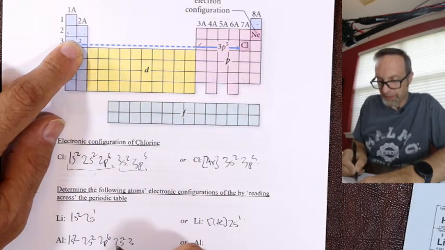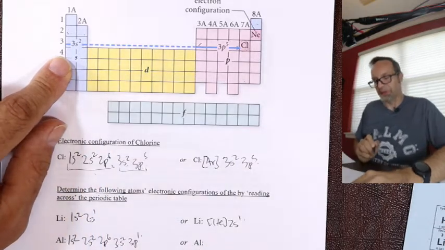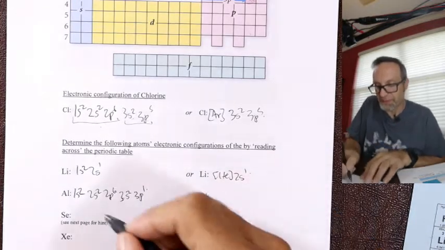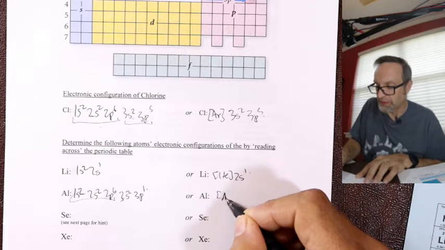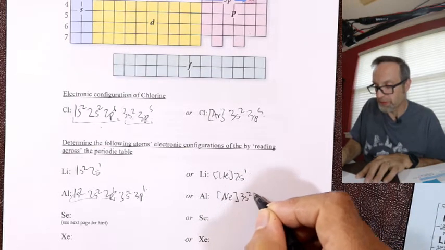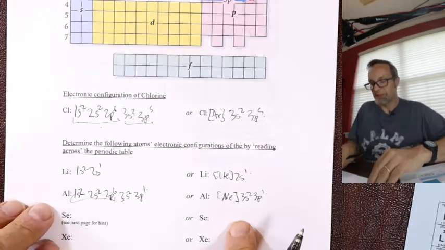Oh, that's 3s2, my mistake, 3s2. And then 3p1 gets me to aluminum. Okay, what's my shorthand for that? Well, that's the argon core. Sorry, that's the neon core. Neon, 3s2, 3p1.